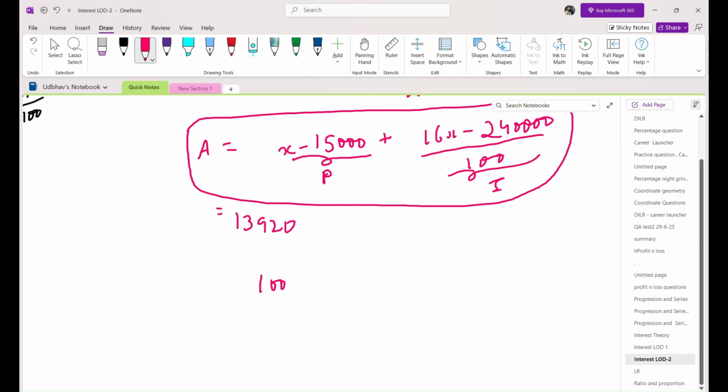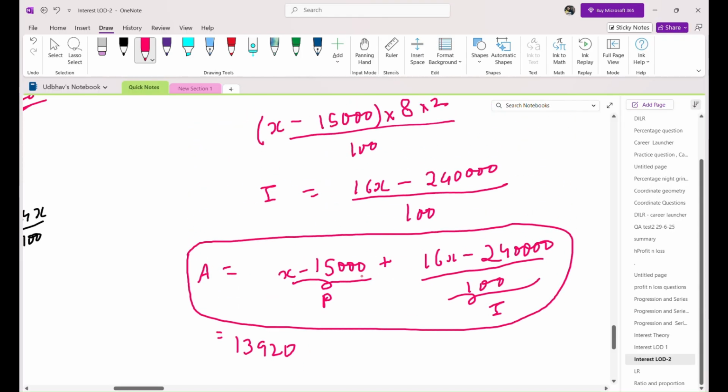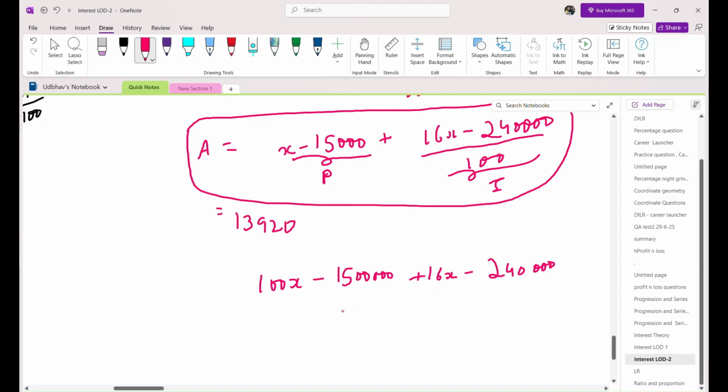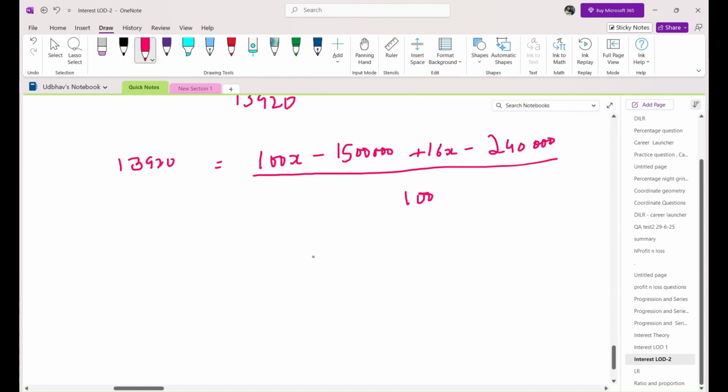100x minus 1500000 plus 16x minus 24,000 upon 100 equals 13920.